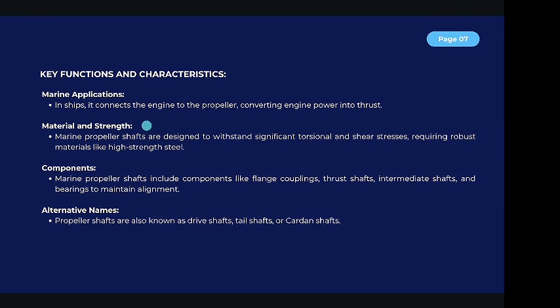These shafts also include components like flange couplings, thrust shafts, intermediate shafts, and bearings to maintain alignment. The propeller shafts are also known as drive shafts, tail shafts, or cardan shafts. These are the other alternative names.